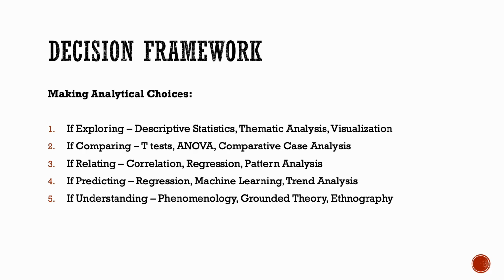Qualitative prediction is rare but possible through careful pattern identification and theoretical development. If you're seeking to understand meaning, experiences, or processes, phenomenology explores lived experiences. Grounded theory develops explanatory theories from data, and ethnography understands cultural patterns.